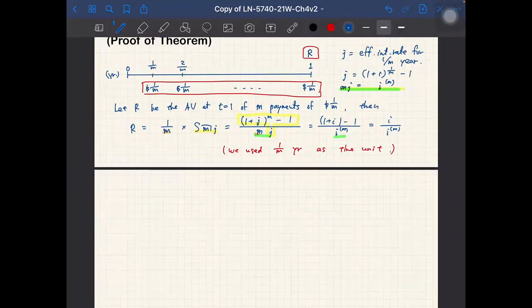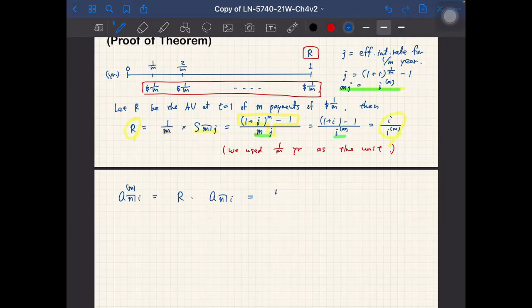The present value of this annuity is equal to R times a angle n at i, so n payments of R. And R was obtained in the previous line: R is equal to i over i superscript m.